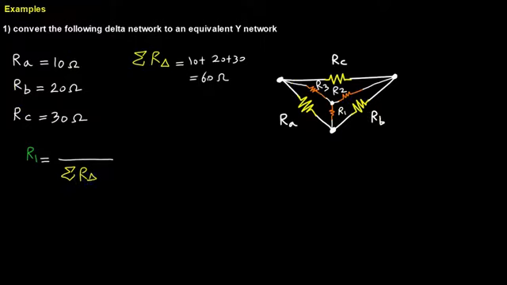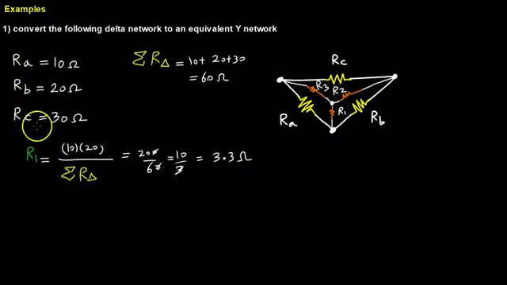The product is RA times RB, which is 10 times 20, which is 200. That's going to be over 60, so 200 over 60. That cancels, and you get about 3.3 ohms. That's roughly what that's going to be.